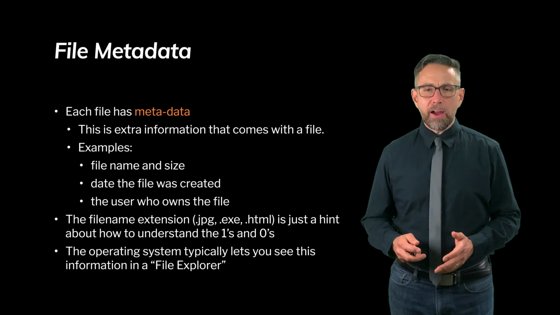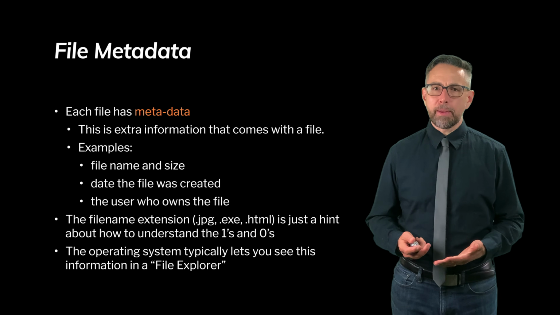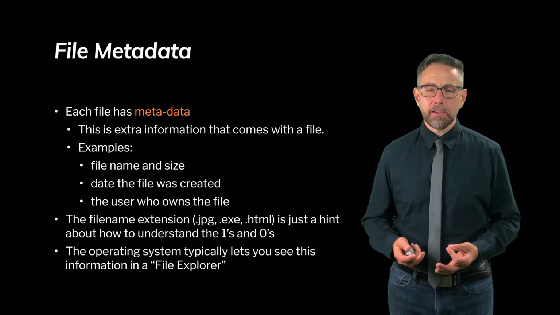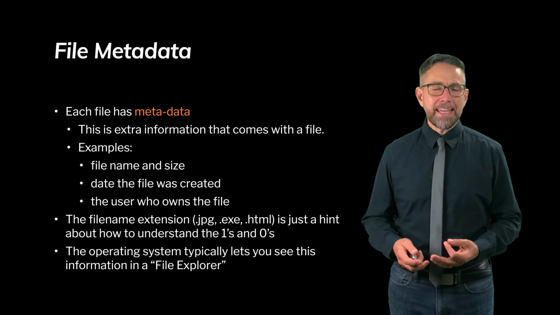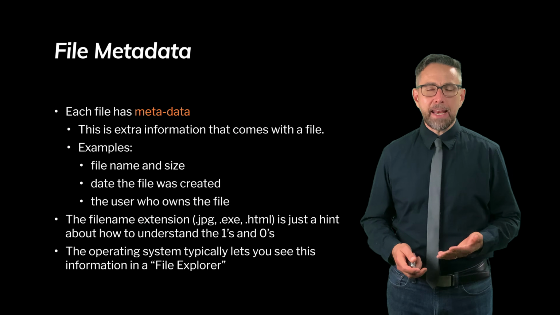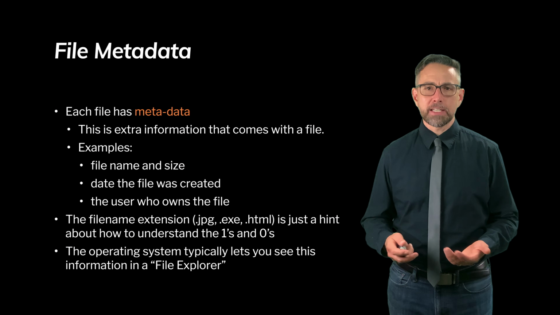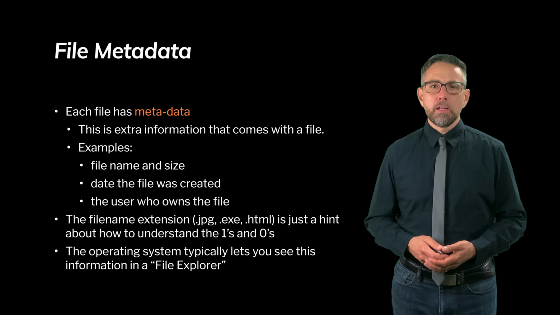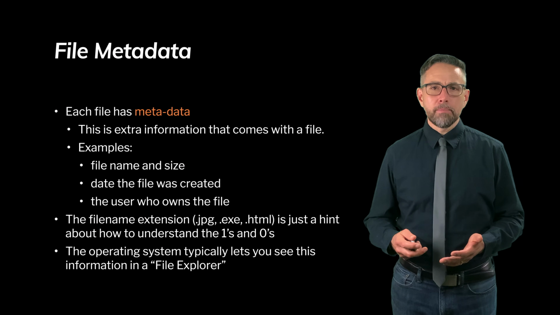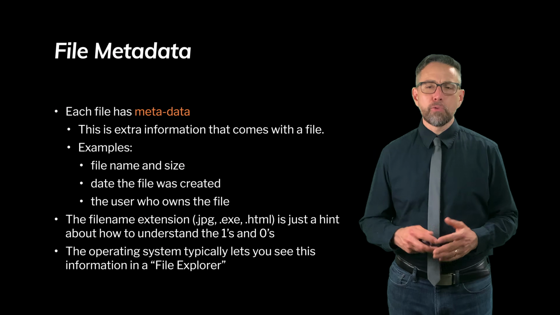When you have a file, it often has a file extension. You may be familiar with common extensions like .jpeg or other graphics files like .png or .gif, or .exe for an executable file in a Windows environment, or maybe .html for the file name that stores an HTML document. These are part of the file name, but they don't do anything to format the file.